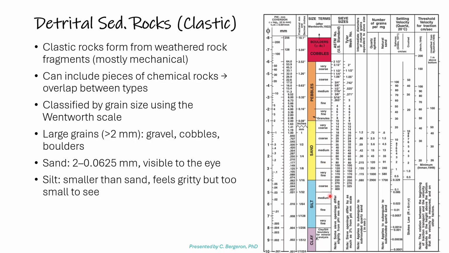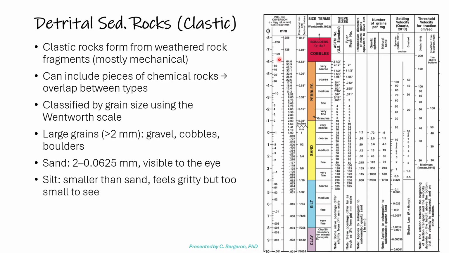And so, not every geologist for every project will necessarily have to focus on knowing exactly the precise grain size. It really just depends on what you're working on as a geologist.